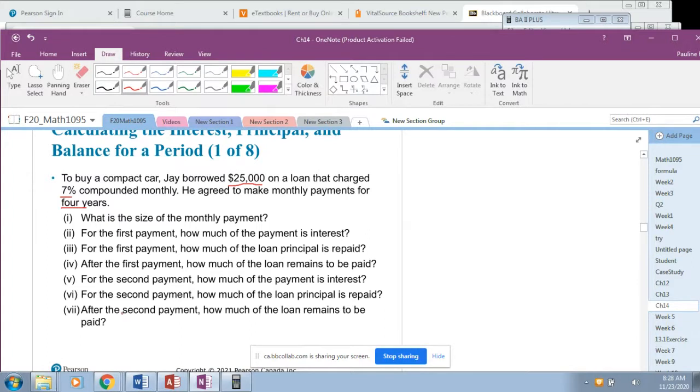So let's analyze the given numbers first. The loan is the present value. Interest compounded monthly, so CY equals 12. This 7 obviously is the interest, IY.